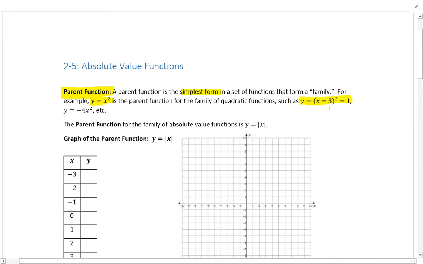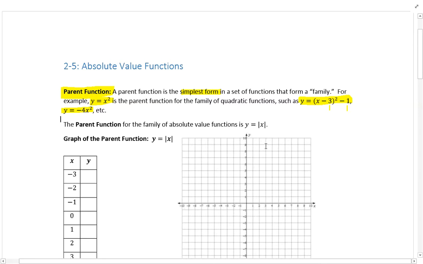So you can see we have an h of 3 and a k of negative 1. Or also we have y equals negative 4x squared. So we have an a of negative 4. Those are just two ways that we can take the parent function and create different functions.